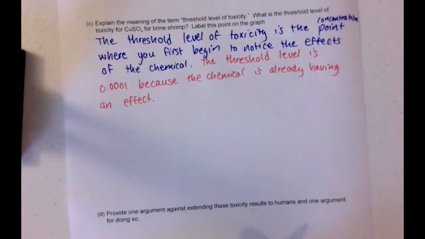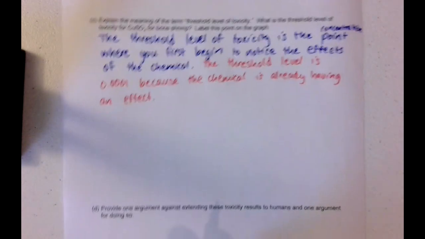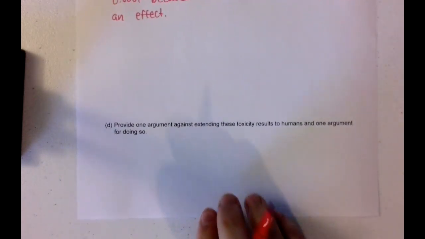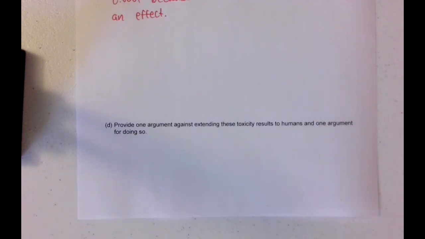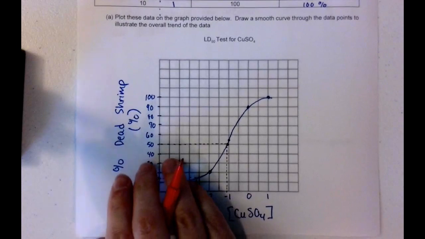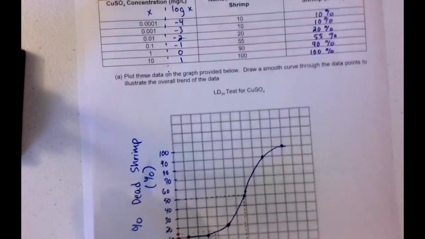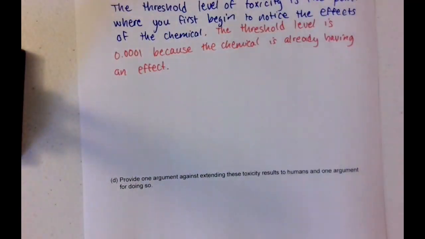You may be wondering, where in the world did you get this FRQ question? This is actually an old FRQ question from an old AP exam, I think back in the early 2000s. Letter D says, provide one argument against and one argument for extending these toxicity results to humans. We talked about this the other day in our discussion about environmental toxicology. They are testing these on brine shrimp, and then extending the results out to humans.